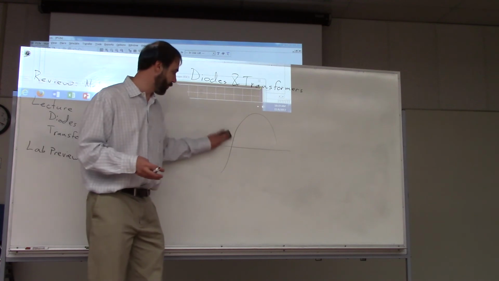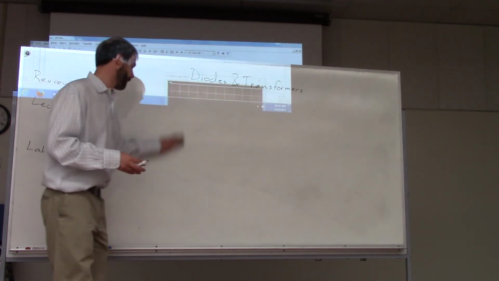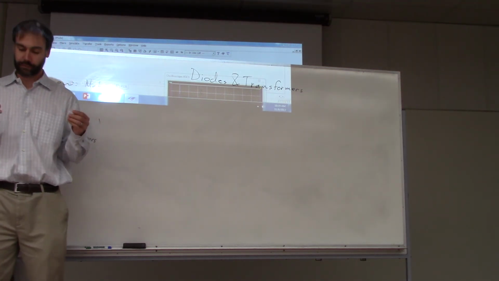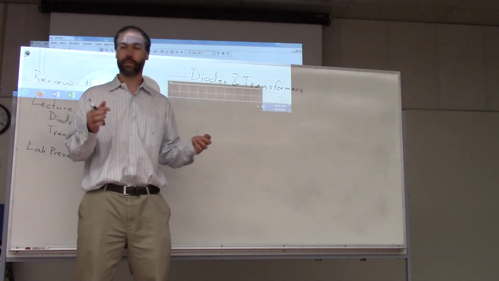What they do is they create a small amount of current that flows through something, and then they measure the amount of voltage that is created.